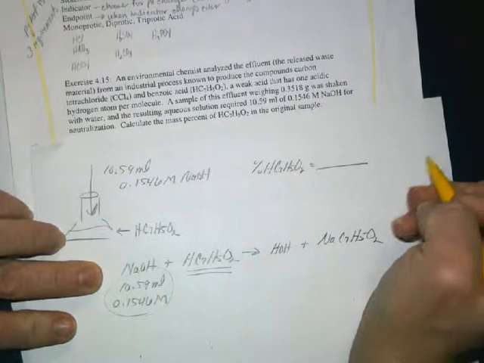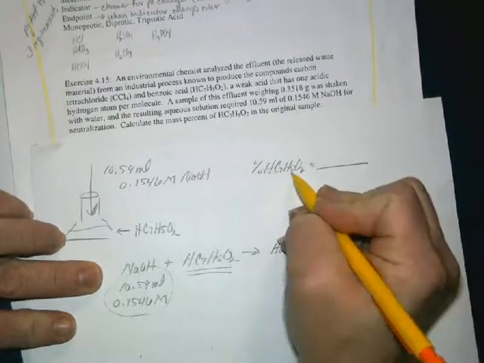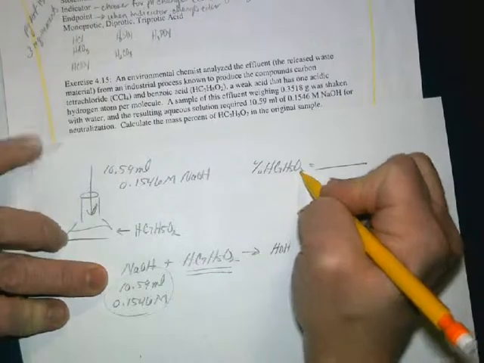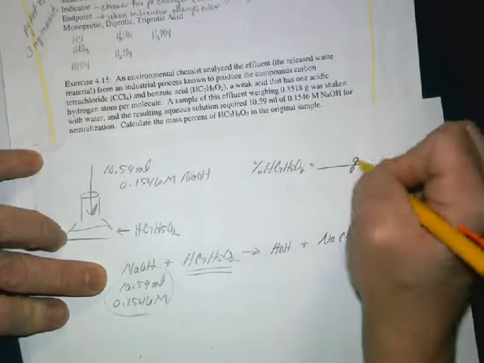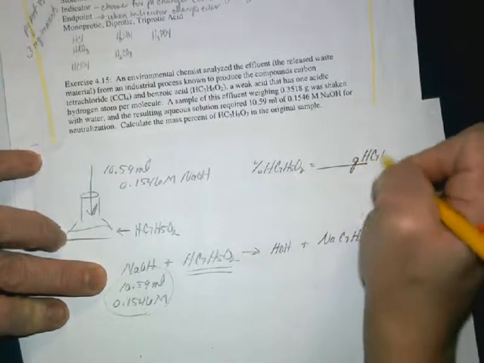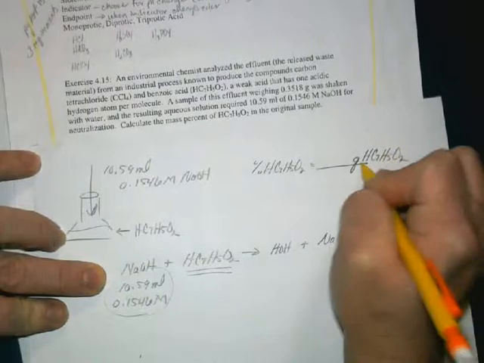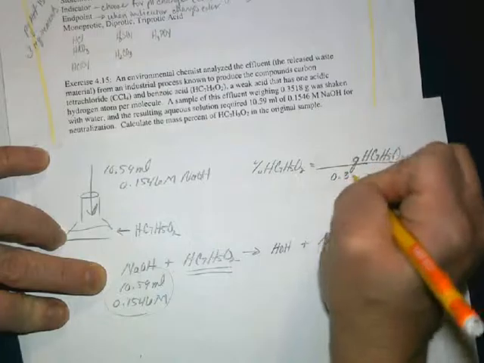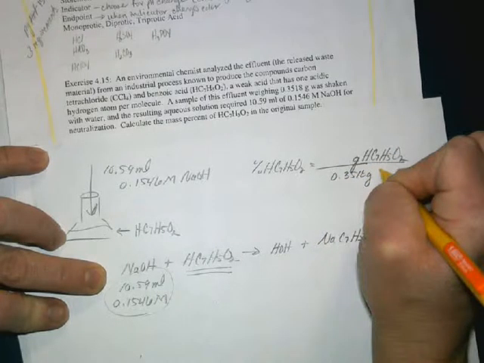Now, we're believing that the benzoic acid is the only thing there that reacts with the sodium hydroxide. Remember, a mass percent will be a mass ratio, in this case of the benzoic acid that our titration will tell us is there, compared to the mass of the whole of the effluent.